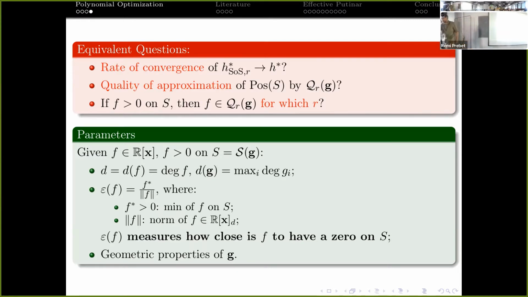Okay. So I didn't quite understand your comment that it depends on the properties of G. Let me say this.